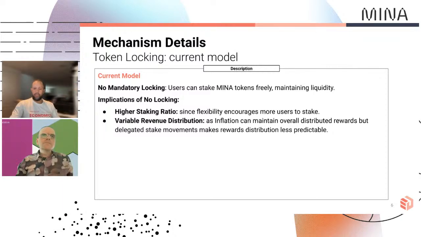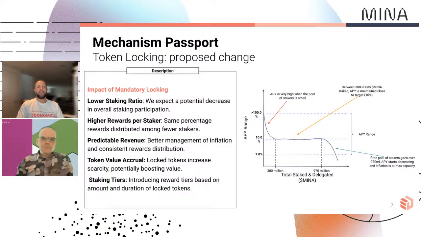And if we introduce token locking, the idea here is we expect that if we introduce a mandatory token lock for people who are staking the tokens, that will potentially lower the staking ratio. So we know that everybody today is staking easily because you don't have to lock your tokens. You just need to prove your staking, or say, I am staking my tokens against this node.